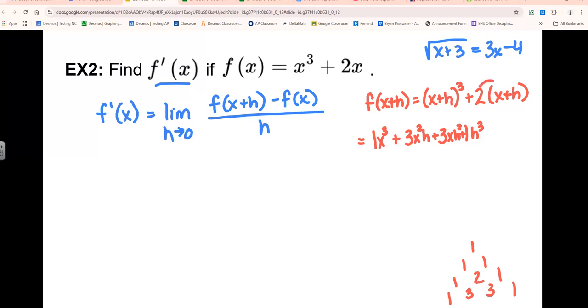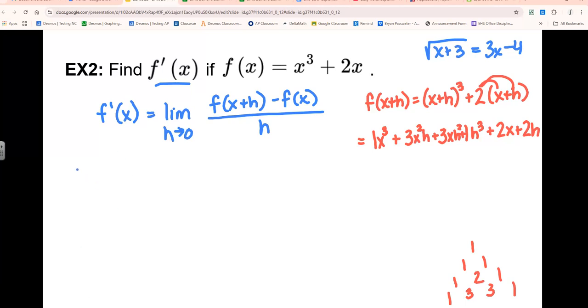But don't forget, you also have the 2 times (x plus h). So you've got to do plus 2x plus 2h. And I don't believe we have anything that we can combine there. So we've got this big long string of stuff.